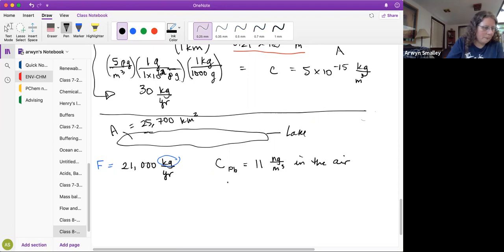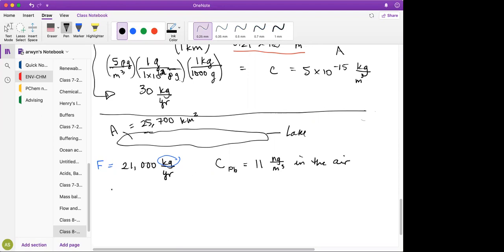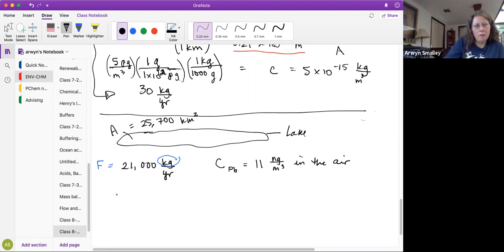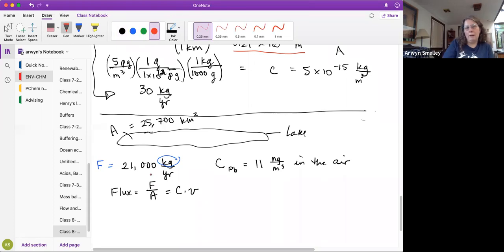Right? Yes. So the information that we have, we can relate flux 2 ways, right? We know that it is the flow over the area, and it is also the concentration times the speed. And so if we look at the pieces of information that we have, we have the flow, we have the area, and we have the concentration.